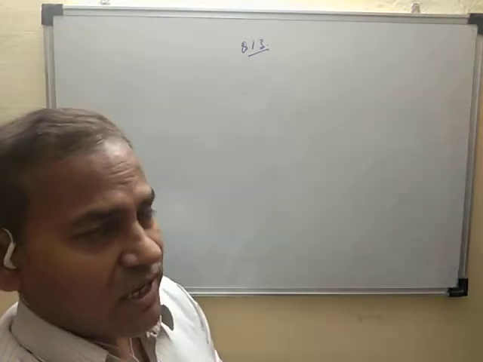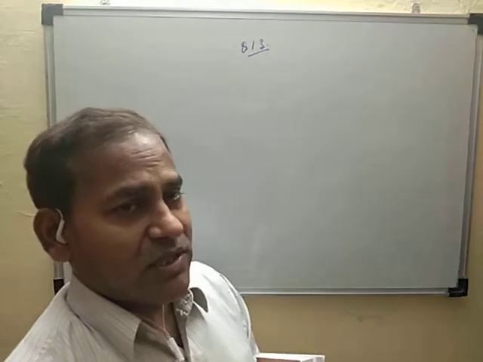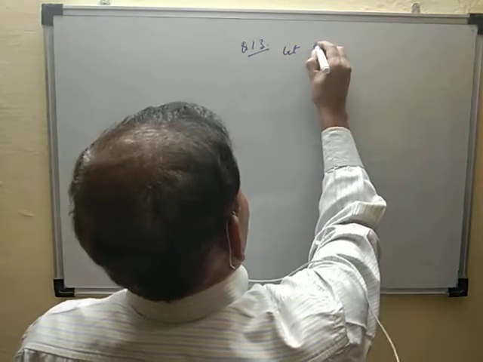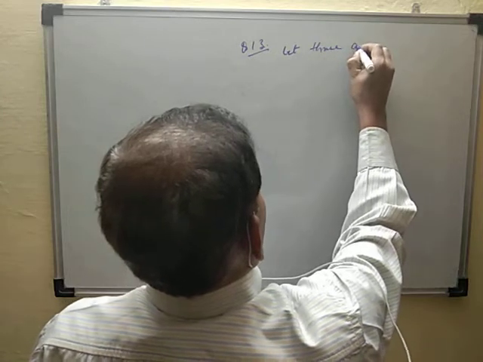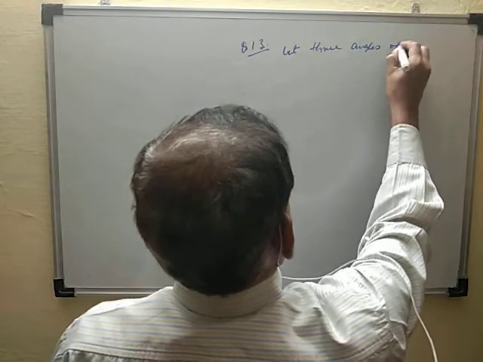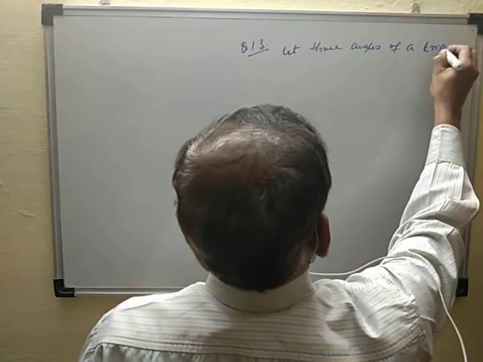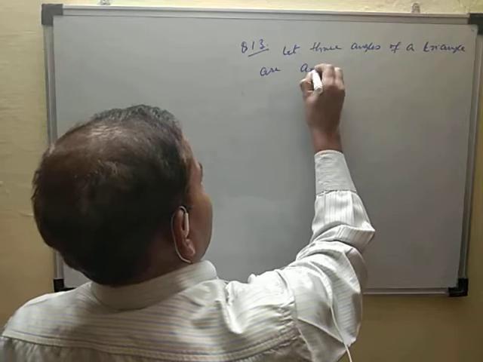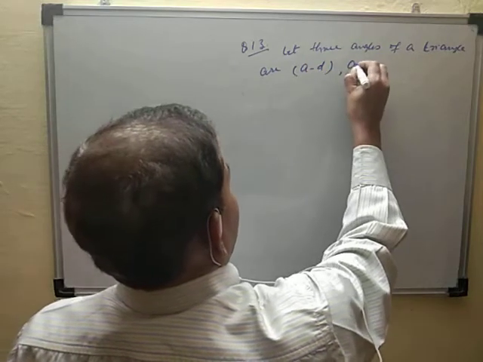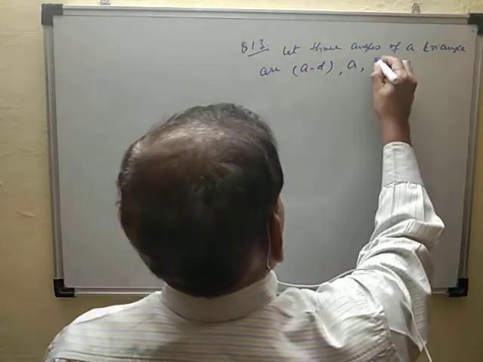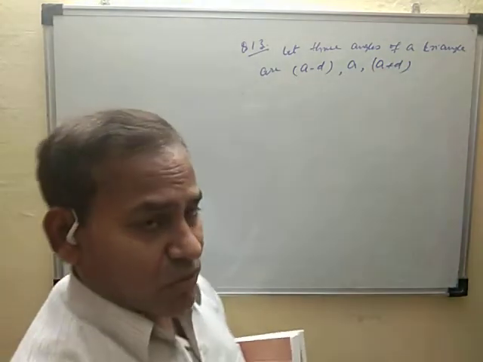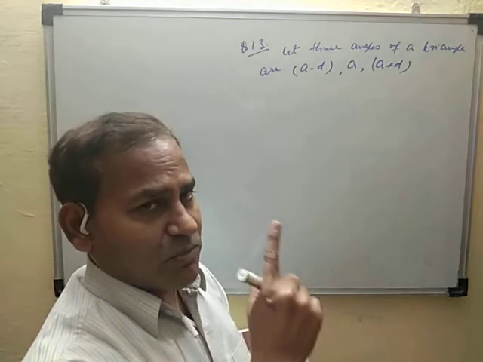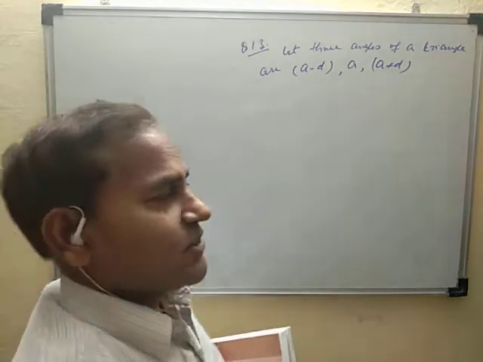So suppose the 3 angles are A minus D, A and A plus D. Let the 3 angles of a triangle be A minus D, A and A plus D. Suppose 3 parts or 3 terms of an AP, then we suppose A minus D, A and A plus D.